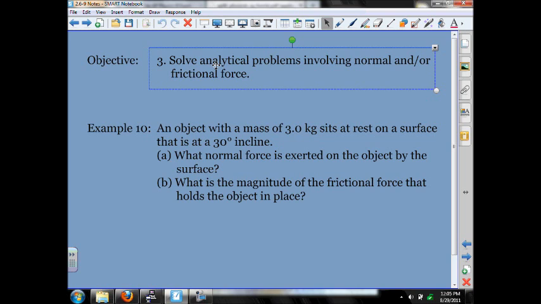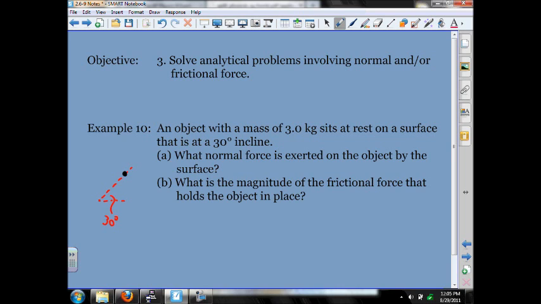Remember, all these problems are written out on your student notes. So we have a 30-degree incline. Let's get that in here real quick. We have an object sitting on that incline. Remember, free body diagram to label the object at this point.